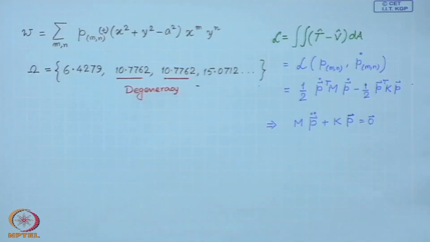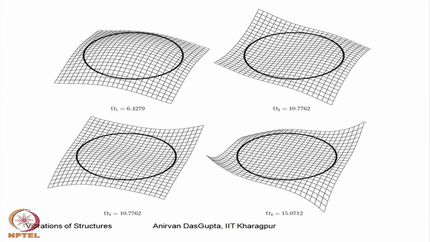Now, this figure shows the modes of vibration of the plate. So, this is the optimal radius, which happens to be around 0.8 non-dimensional value. So, the radius is 0.8. So, this is the fundamental mode. These two are the degenerate modes.